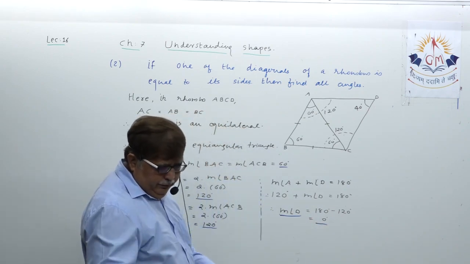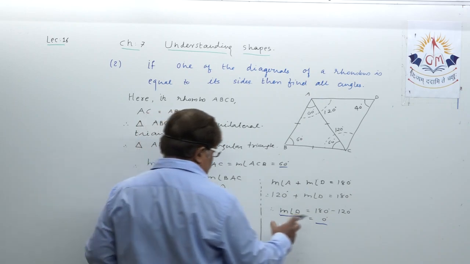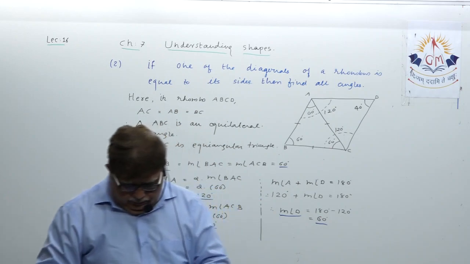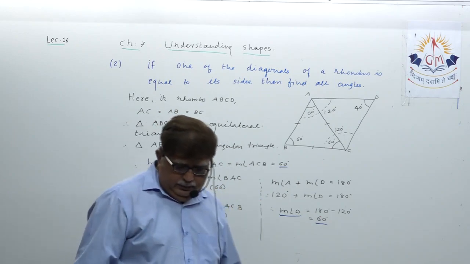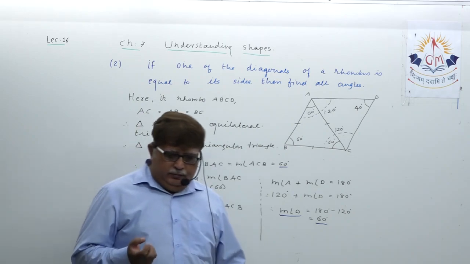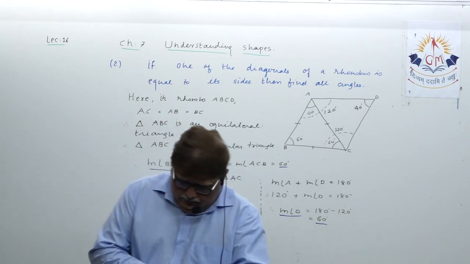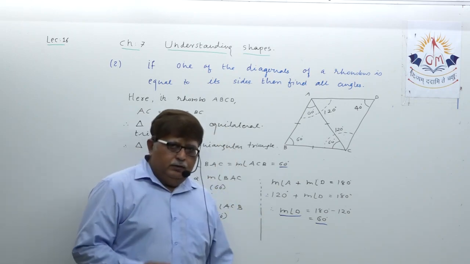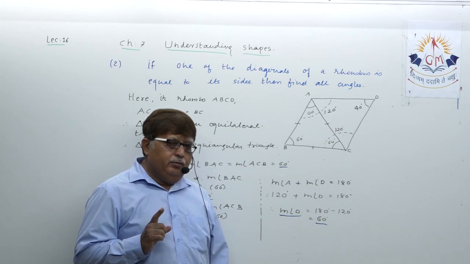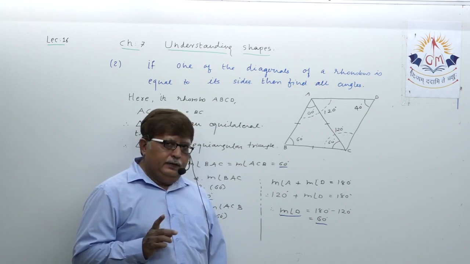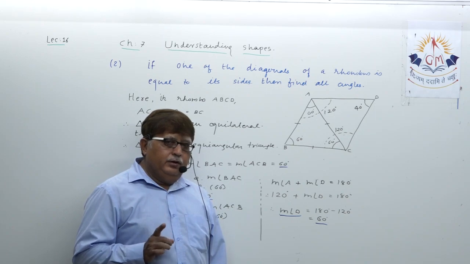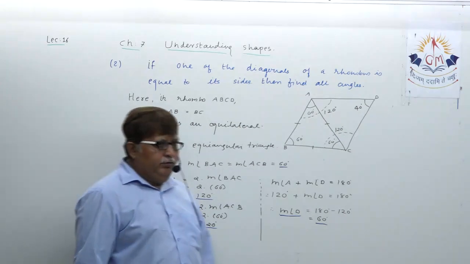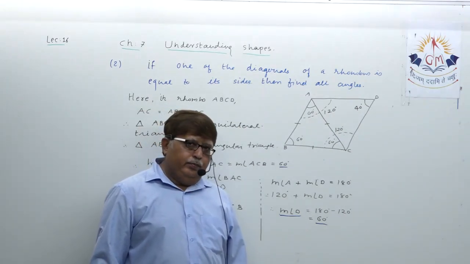Okay, so this is the way you can solve examples. This is one of the important examples involving finding angles where we utilized the fourth property of rhombus, that is, diagonals bisect the angles through which they pass.